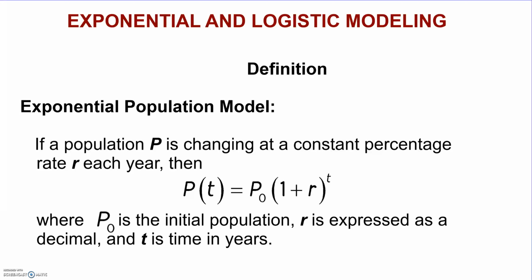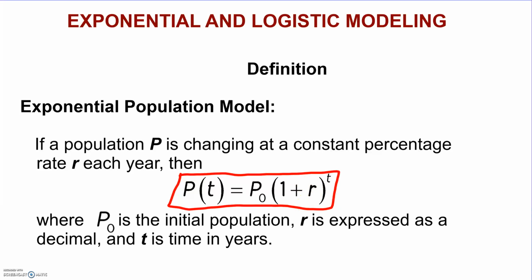So to begin with here, you will see that we have this basic exponential population model right here, and that's what we're going to be using for most of our problems today. You've got a population P that's changing at some constant percentage rate per year, that's R. So maybe the population is increasing at 20% per year, so R would be 0.2.